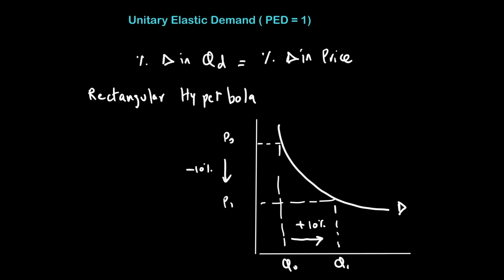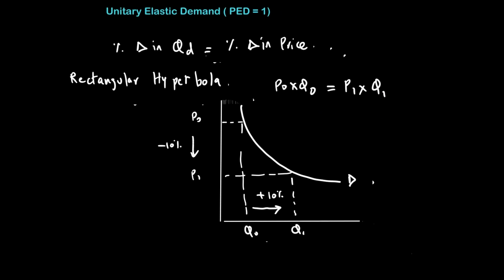And as a result of this, the rectangle that is formed, and this is why the name rectangular hyperbola, which is P0 times Q0, is exactly equal to P1 times Q1. So total revenue is actually unchanged. Irrespective of whatever the producer does to price, total revenue remains unchanged because the percentage change in quantity demanded is exactly equal to the percentage change in price.